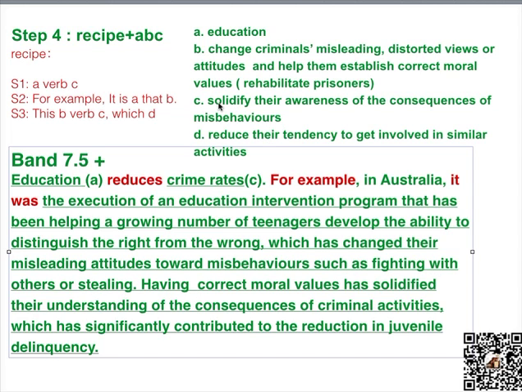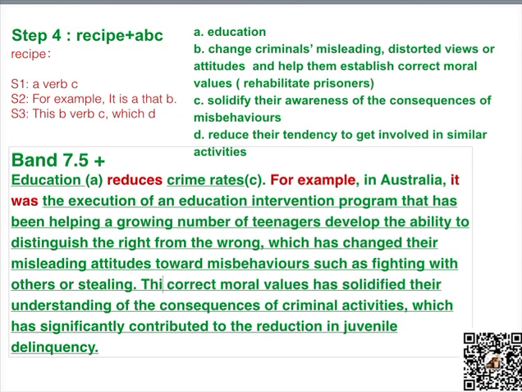Okay. Then what happened next is to solidify the awareness. Now having correct moral values has solidified, still copy paste, solidify the understanding of the consequences. Here you can change to, because I put these, we can change to these correct moral values.